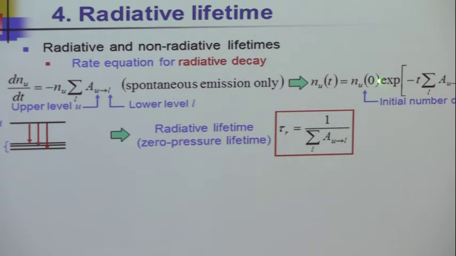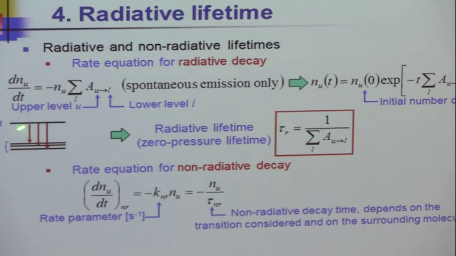If I have an initial population here, there will be an exponential decay. That's the thing to know. This form of differential equation always leads to an exponential process. So the time-resolved number density is the initial value with an exponential decay. And that average lifetime, in the limit of no collisions, is 1 over the summation of the A's.